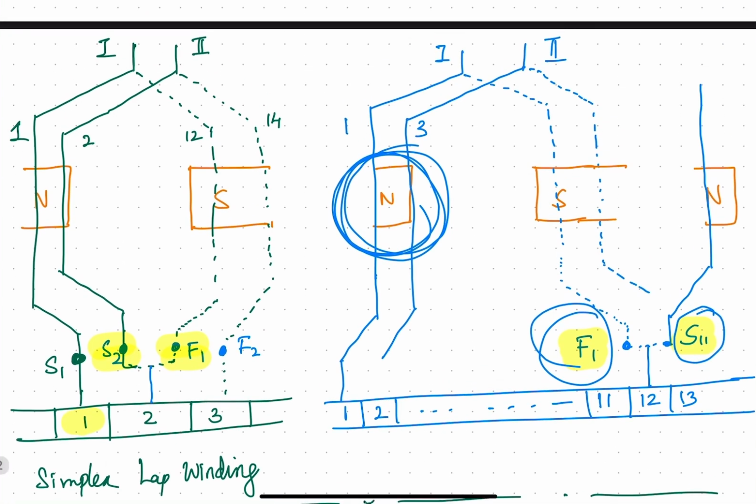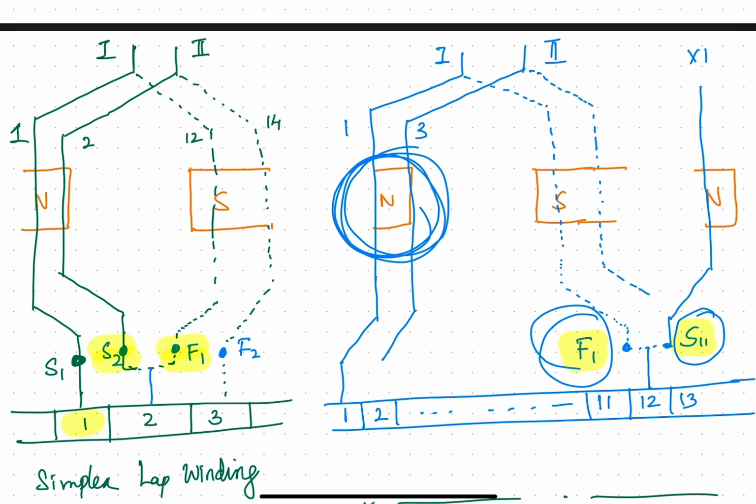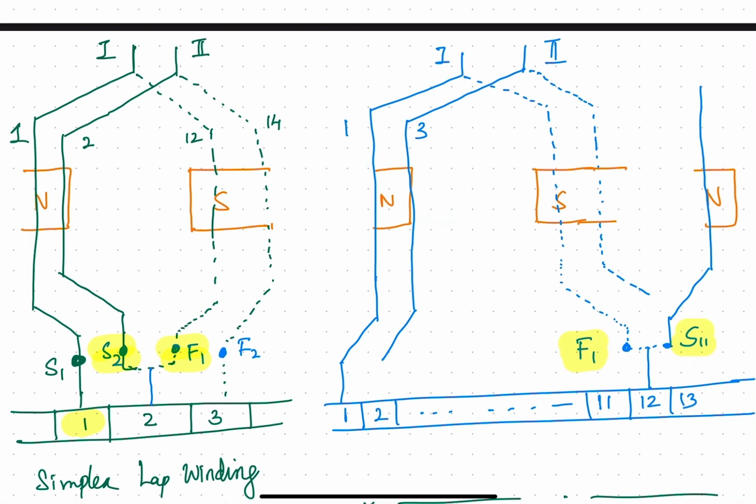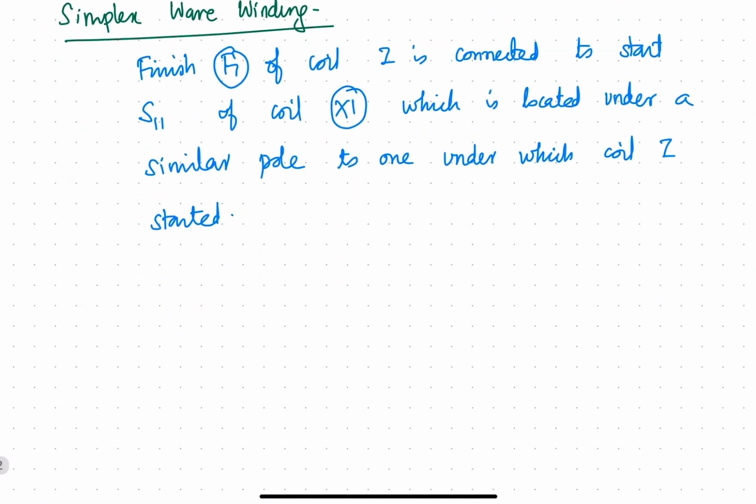So let me write here, this is coil number 11, and they are located at a similar pole at which the first winding was connected, I mean the pole of the first winding. So this is about the simplex wave winding.